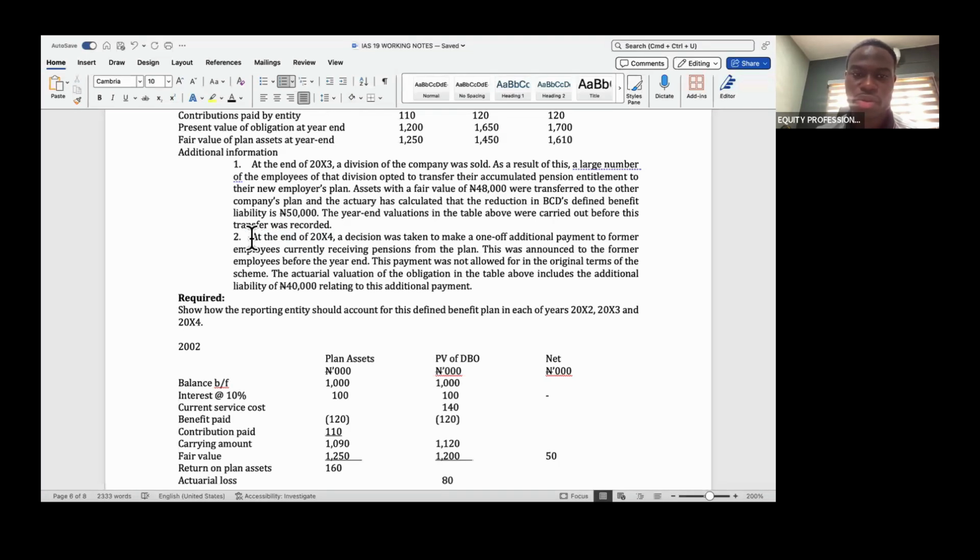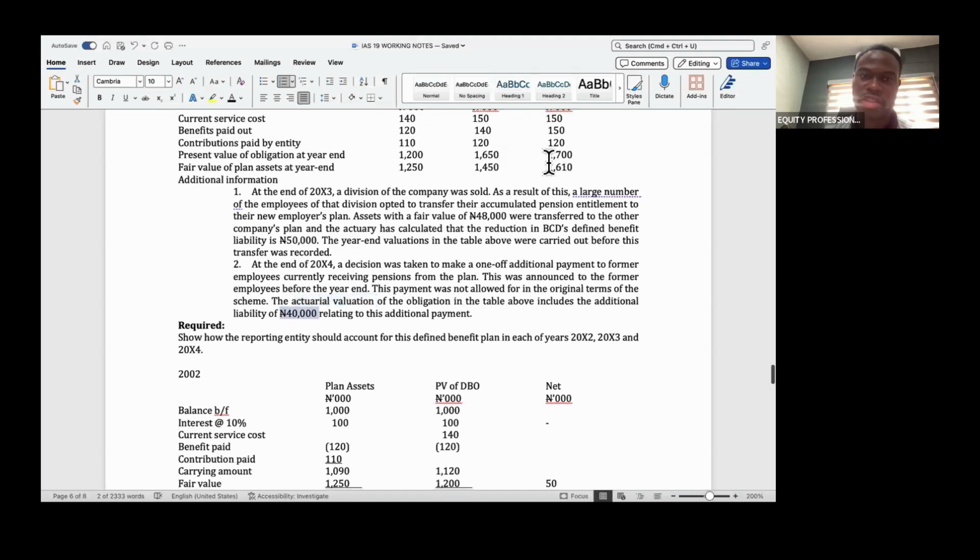Okay, so what is this actually talking about? Let's look at it very well. A decision was taken to make a one-off payment to former employees currently receiving pension. So they announced it before the year end. The payment was not in the original terms, and the valuation that the actuary gave to us already includes this 40,000.